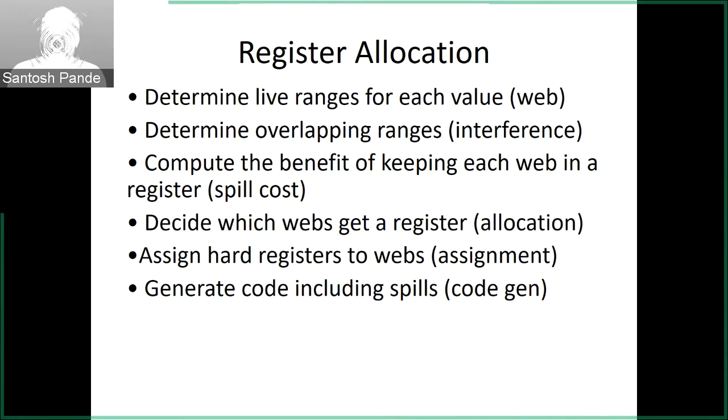So we'll generate the necessary loads and stores for those values which did not get registers. And then we'll generate the code for the rest of the IR, for which we need values in registers: register moves, addition, subtraction, etc. And wherever we are not, we'll use scratchpad registers to load and store them.